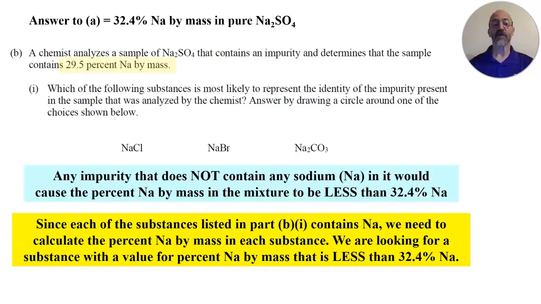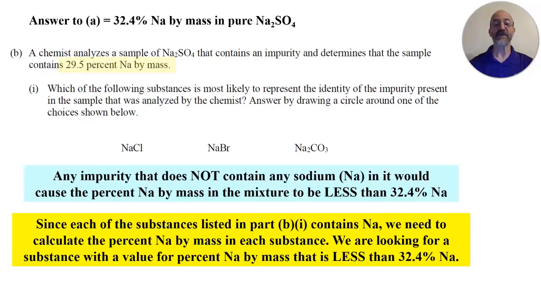And we are looking for a substance with a value for percent sodium by mass that is less than 32.4% sodium. That would cause the mixture to have a percent sodium by mass that is less than what we find in pure Na2SO4. So I'm going to start with NaCl.